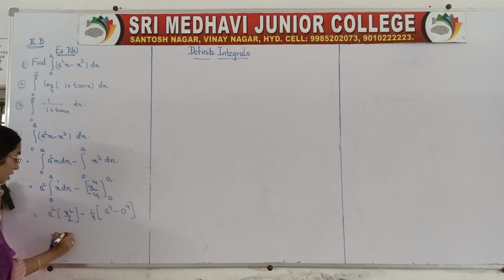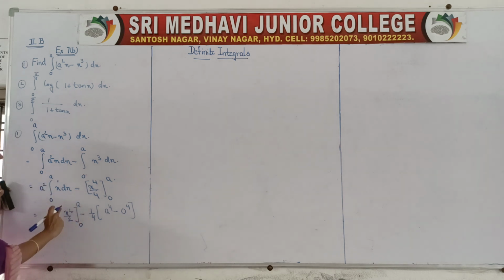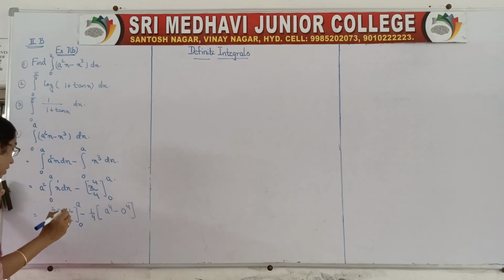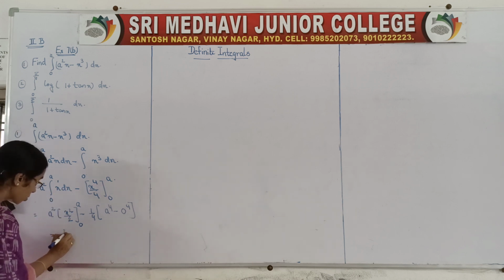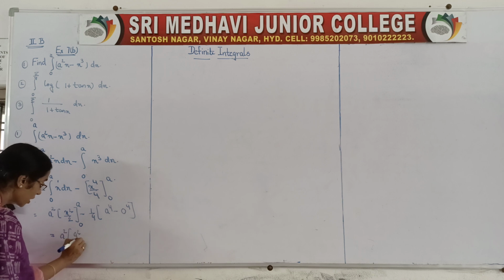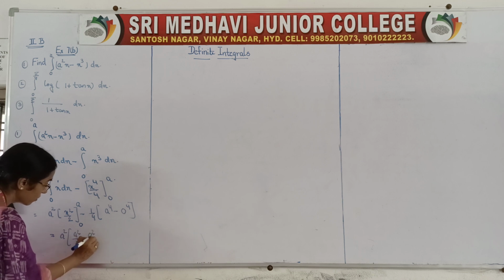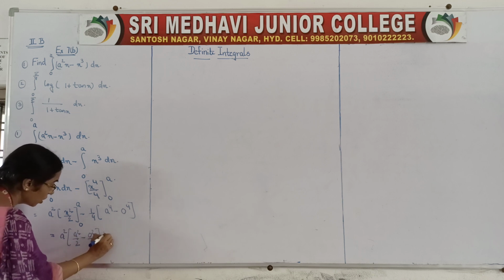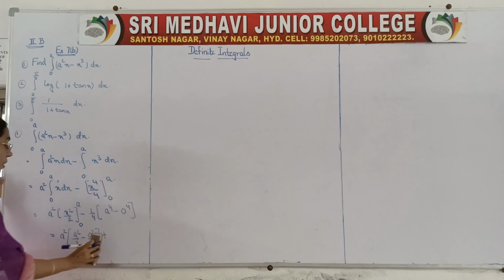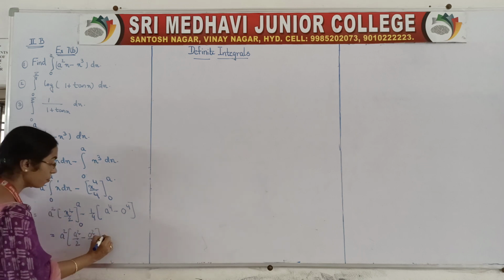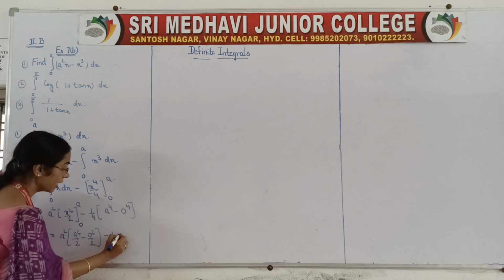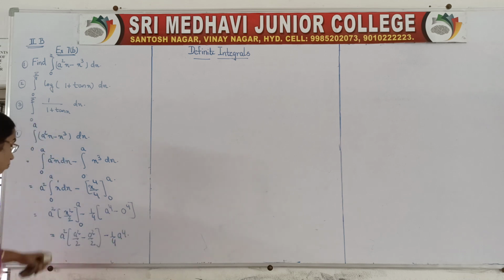Here also we have to substitute the upper limit in x place, and next the lower limit. So a square into a square by 2 minus 0 square by 2, and minus 1 by 4 into a to the power of 4.